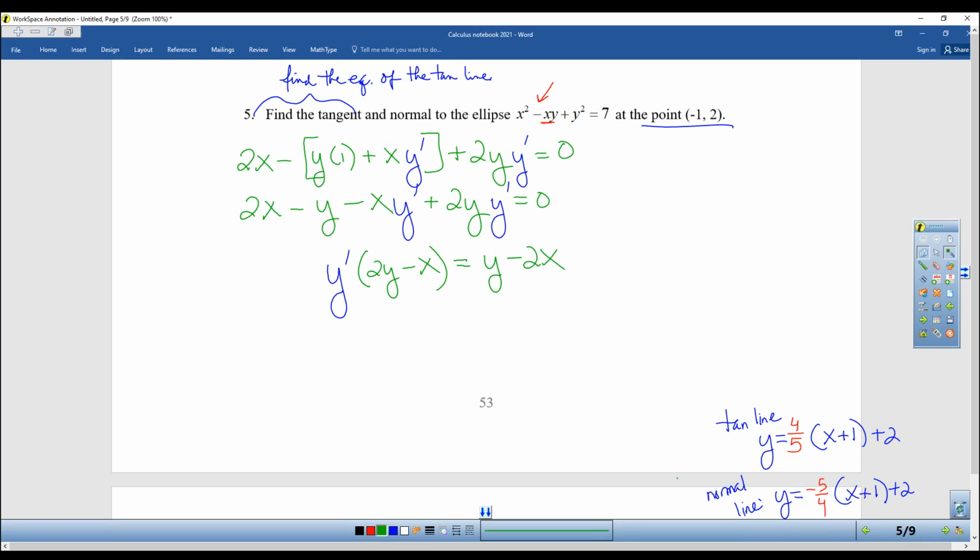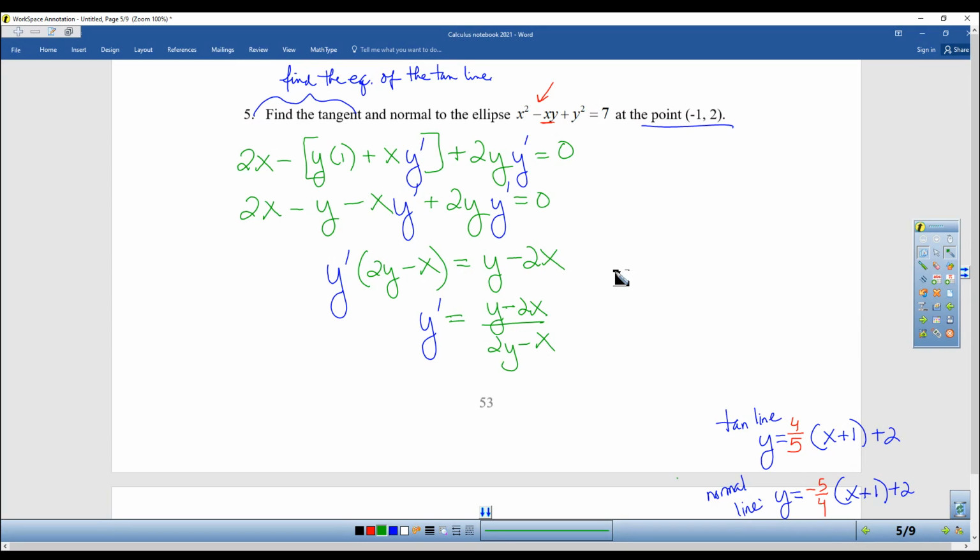So I did like 4 things in that step, but you are in calculus, so think about that. For these two, I factored out the y prime, I reversed these, and I moved these two to the other side. That way I can have y prime is equal to y minus 2x over 2y minus x.